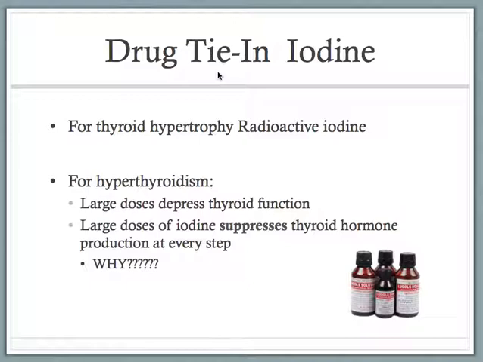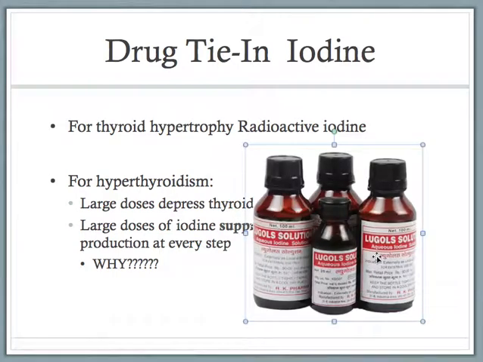For hyperthyroidism, when somebody first gets a diagnosis and they're waiting for their medications to take effect, one thing that can be done is putting that patient on a really large dose of iodine. And that's what you see down here. This is something called Lugol's solution. See that guy? So this is a really concentrated way to give just aqueous iodine.